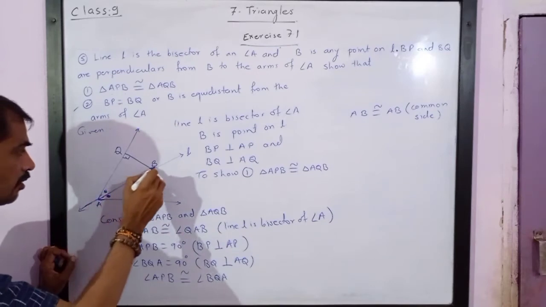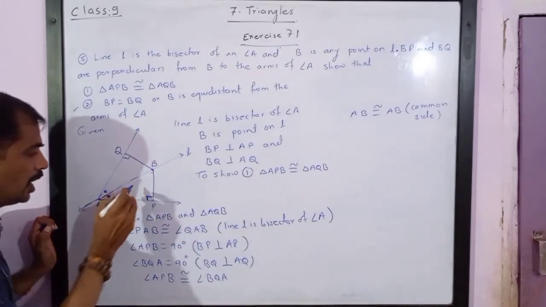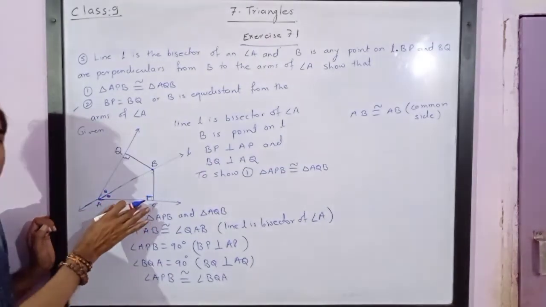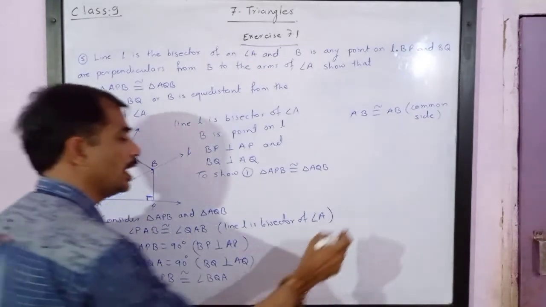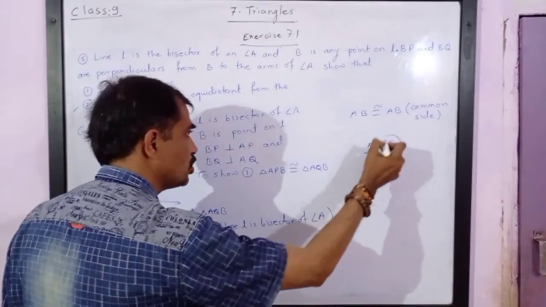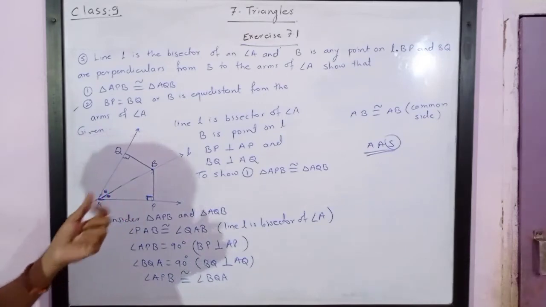And one of the sides is congruent. But please watch. Here the side is not included by the two angles. So it means two triangles are congruent by AAS test. Two angles and a side, where the side is not included by the angles.